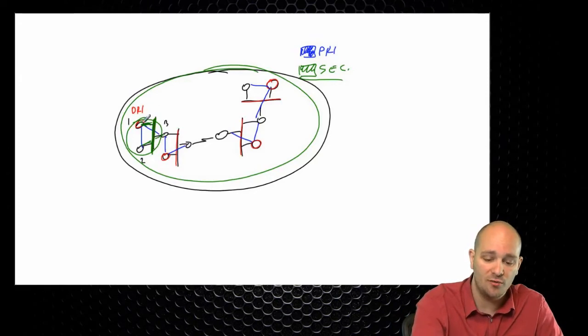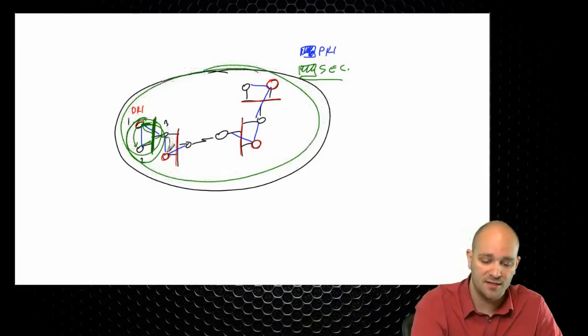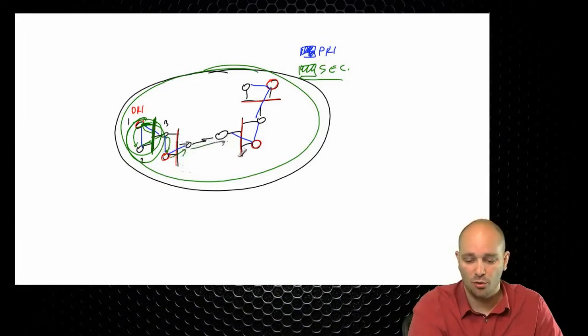So it's going to generate this information and send it to its neighbors. It's going to send it to R2, it's going to send it to R3. Now R3, due to the nature of the requirement that the database must be identical in the whole area, is going to actually flood this information to other routers. So this information that the shared segment exists is going to flow through the network.